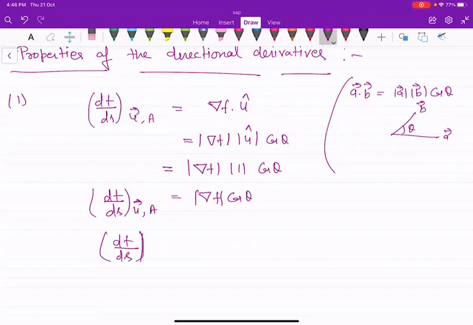When the angle is 0 degrees, yes, the rate of change of f is maximum when theta equals 0, or we can say cos theta equals 1. So the rate of change of the function f is maximum whenever theta equals 0 or cos theta equals 1.